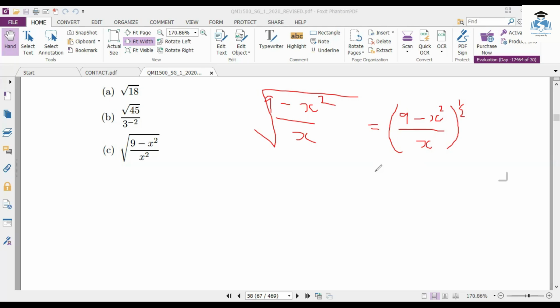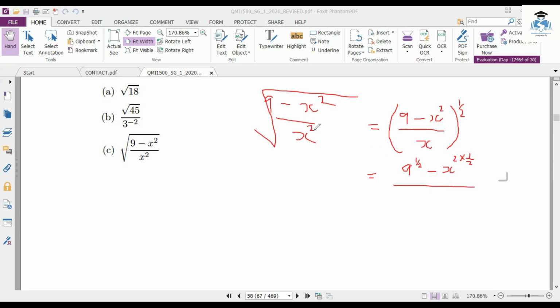Then we multiply, we say 9 to the power half minus x squared multiplied by half, all over x to the power half.